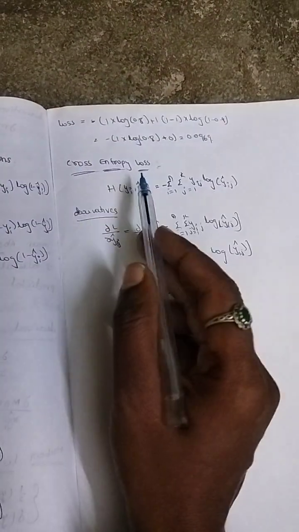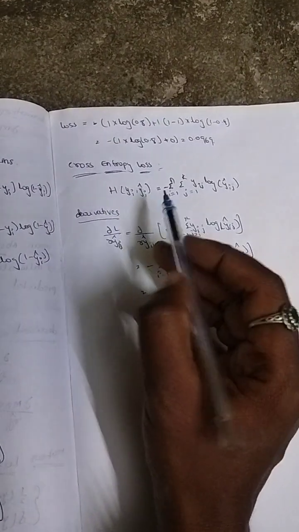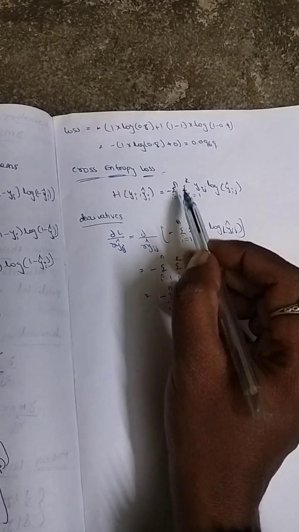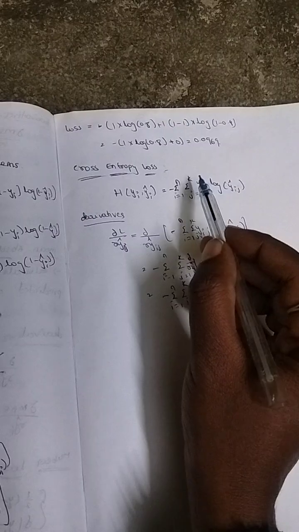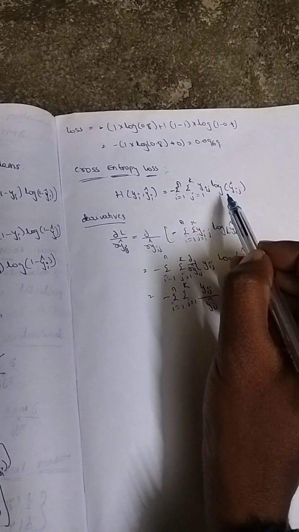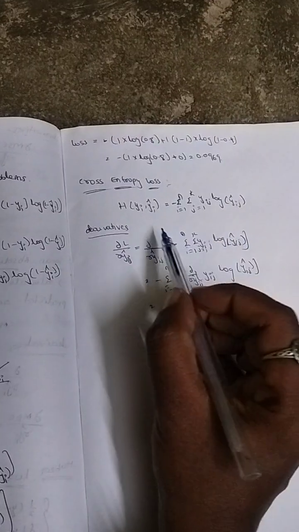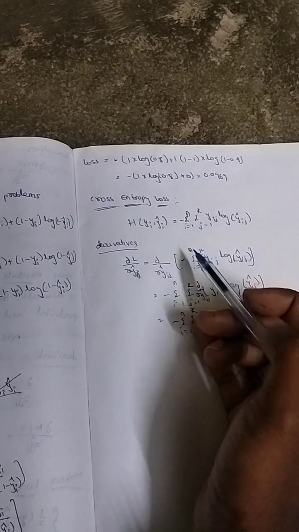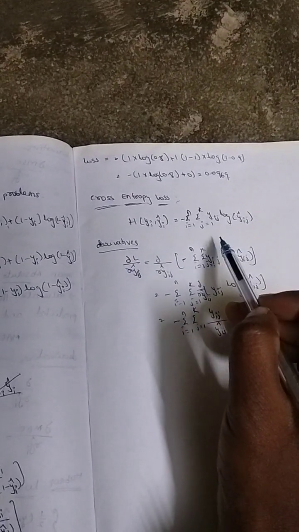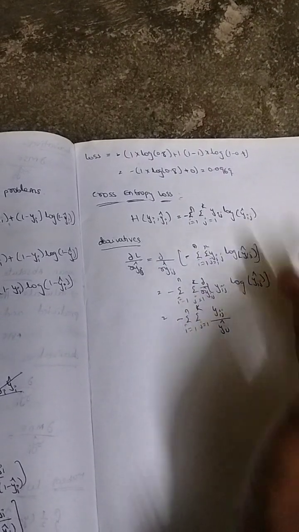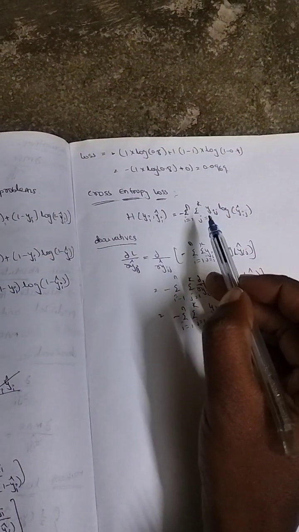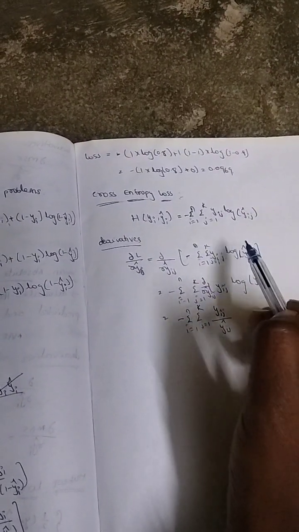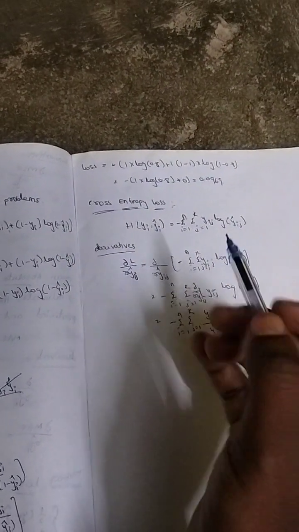The categorical cross entropy loss formula is H(yi, yi cap) equals minus summation i equals 1 to n, summation j equals 1 to k, yij log of yij cap. Here n is the number of data points, k is the number of classes, yij is the binary indicator, 0 or 1, of whether class label j is the correct classification for data point i, and yij cap is the predicted probability for class j.